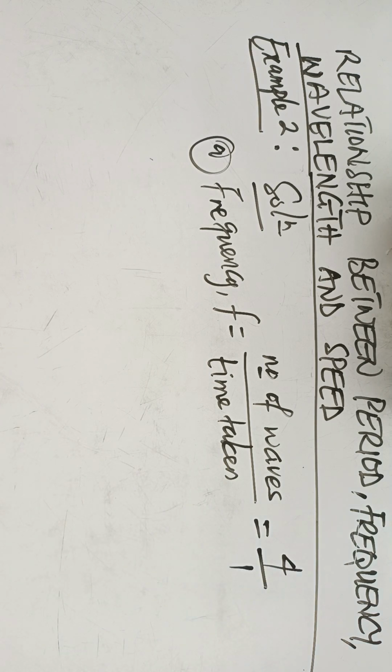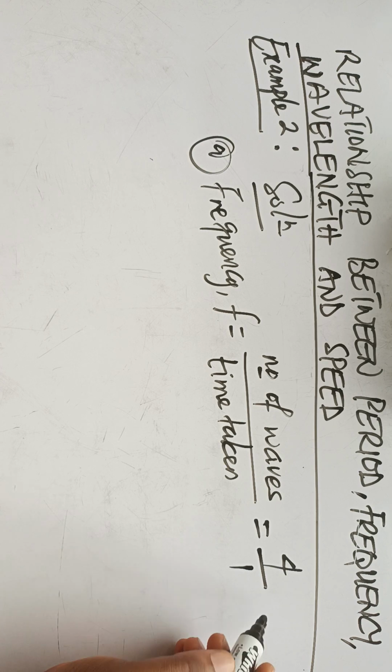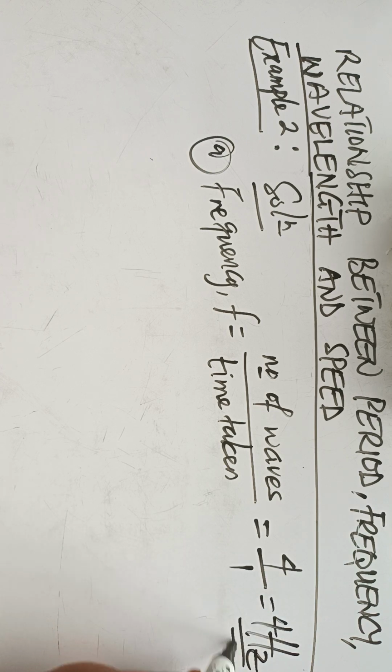So in every second, four crests cross over a given point. When that happens, you end up having four hertz. So your frequency becomes four hertz.